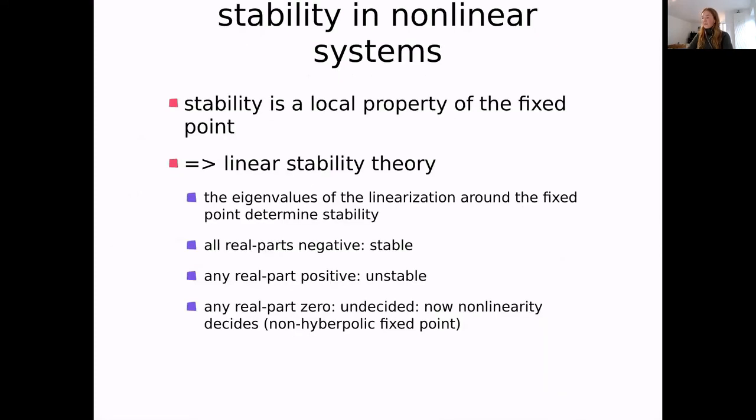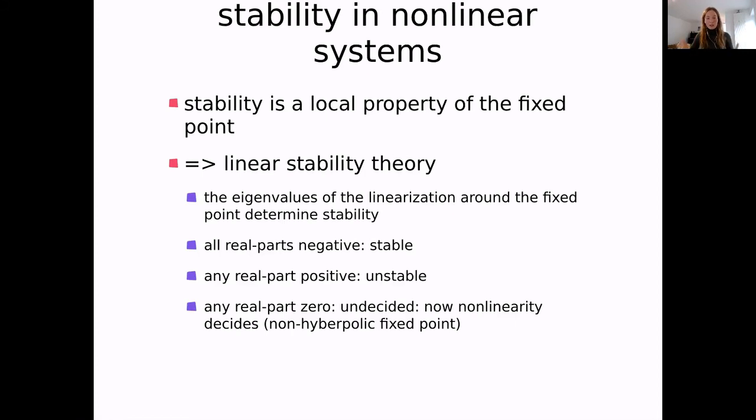Okay. So this was only for linear systems, of course, and probably we have a nonlinear system. And what we're going to do now, as stability is a local property of the fixed point, we can again linearize our system around the fixed point.